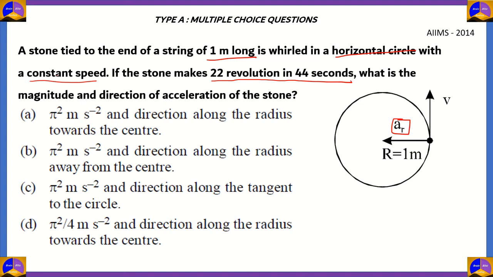And since this is a constant speed, there is no tangential acceleration. Now, in order to solve this question, we will use the formula for acceleration. Centripetal acceleration, AR, will be equal to R omega squared. And now we will be using that formula.